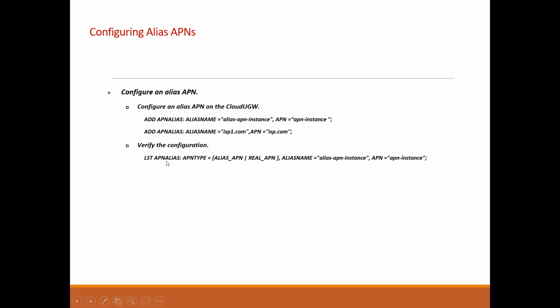You can test the APN alias using either the alias APN or the real APN name. Then you can specify the name of the alias APN, and it is going to show you that these alias APNs are mapped to this real APN. Or if you list it with the real APN, it is going to show that this APN is being mapped by these three aliases, or two aliases.